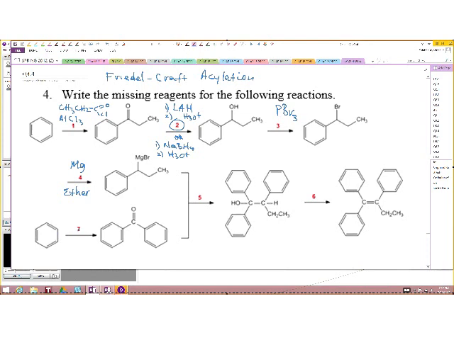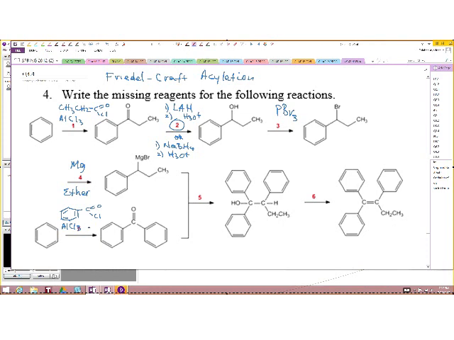Now about this one, 7. What kind of reaction is this? Friedel-Crafts acylation, exactly. So all you need here is this, with aluminum chloride.